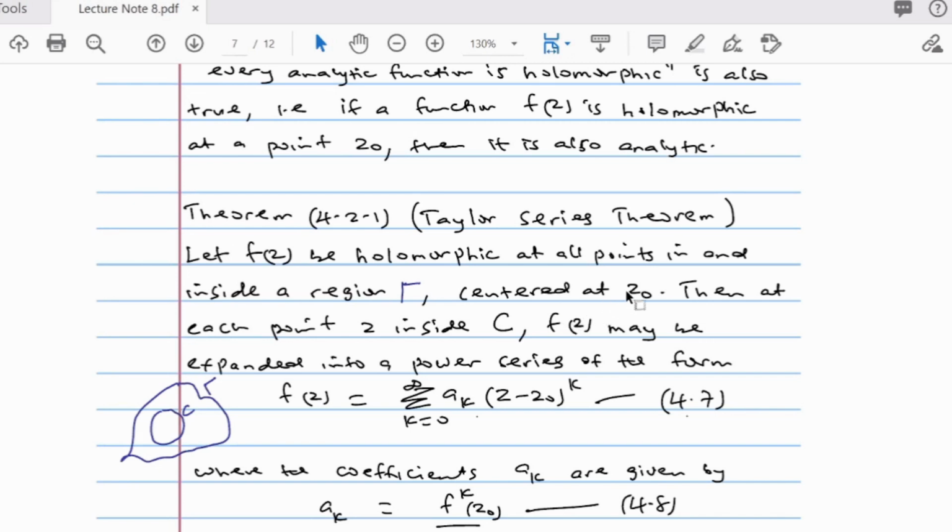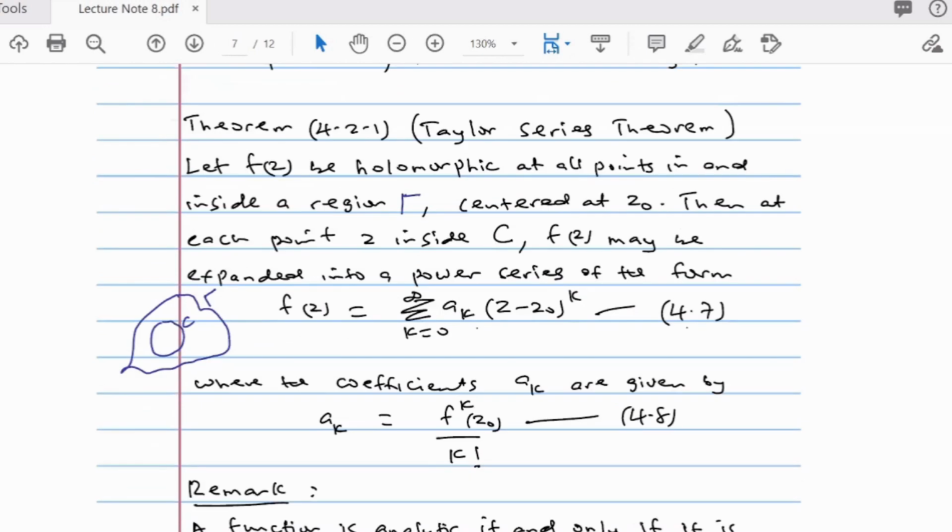Maybe you take the region to have a center at z naught. So you can write your f of z in this series form. This is what I call the power series of f of z. So 4.7 is called the power series of f of z at the point z naught.